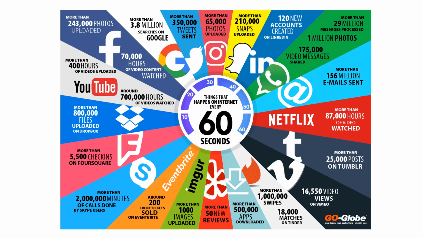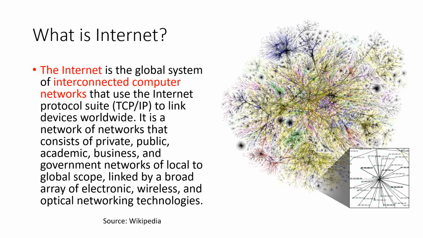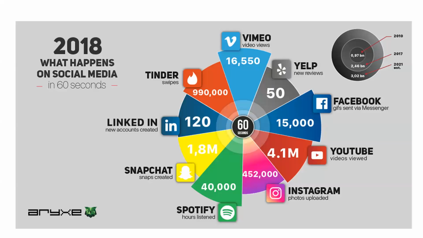So having said that, this is just a look at social media, another aspect of it, and how extensively it may grow. Now, for example, according to the figure given here, right now in 2010, it is estimated that 97 billion people are using the web.